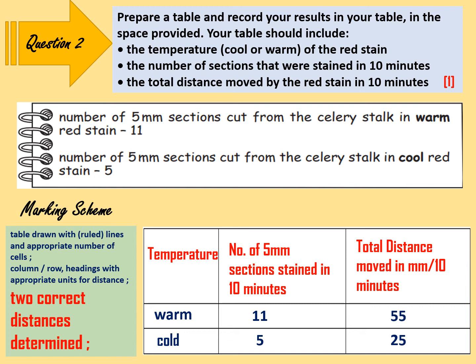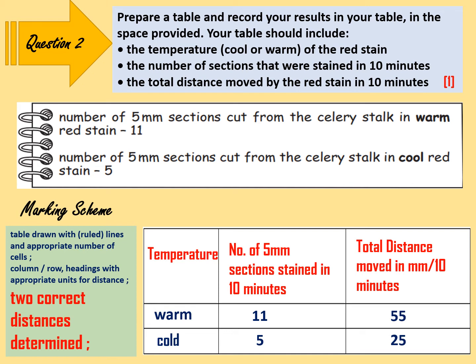For the mark distribution, the first mark is for the correct columns. The second mark is for the correct heading with suitable units, for example, 5 millimeter sections in 10 minutes. So these are headings with correct units.